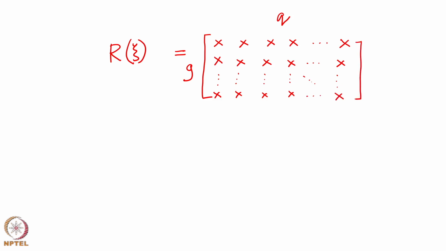These are the entries. Now, the moment I multiply from the left by a square matrix, what am I essentially doing? This matrix is getting multiplied by a square matrix.